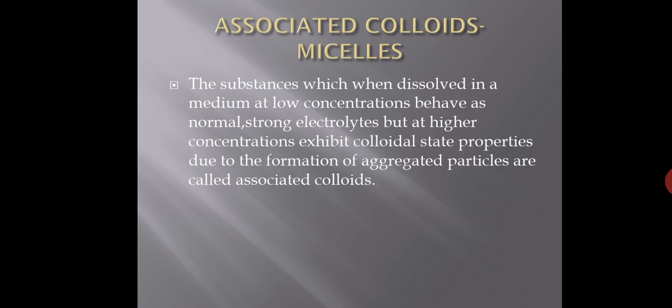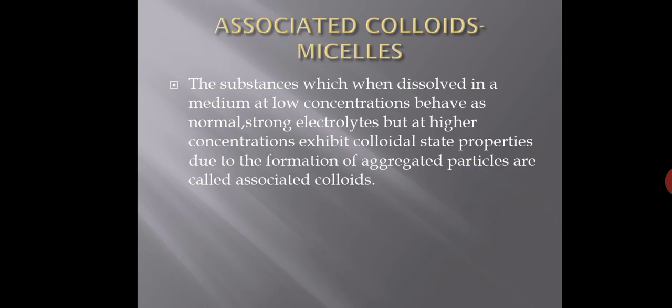But at lower concentration, it is a normal electrolyte. For example, sodium chloride: in low concentration, dilute NaCl is a normal electrolyte. But concentrated, in benzene solvent, it behaves as colloidal particles.